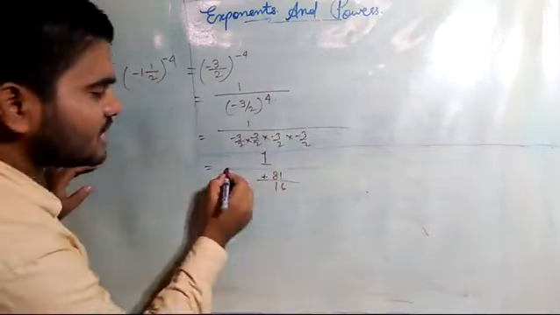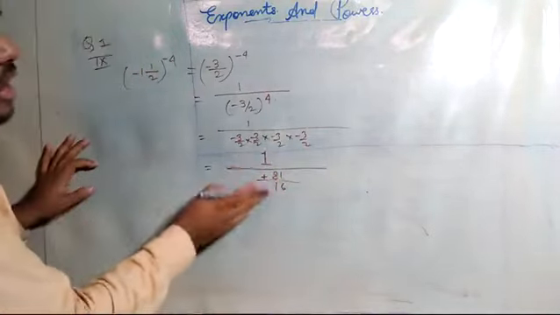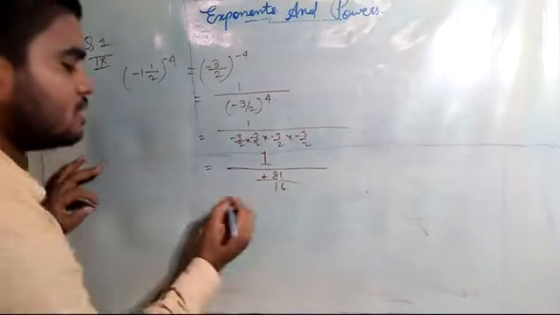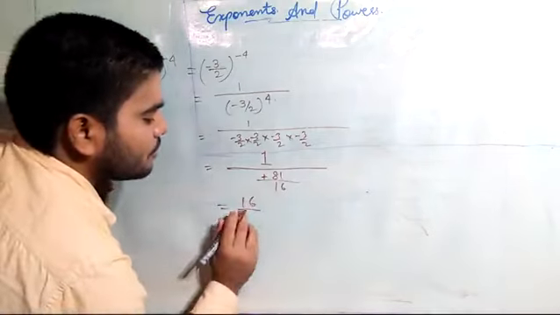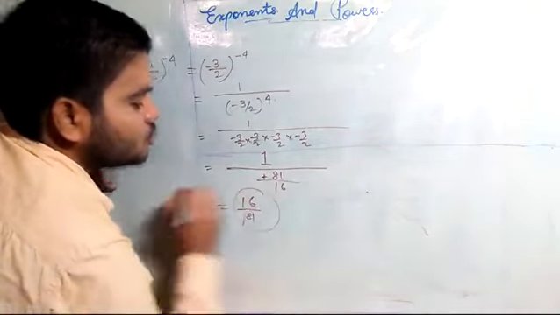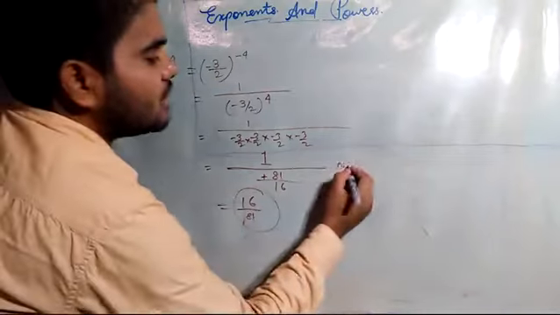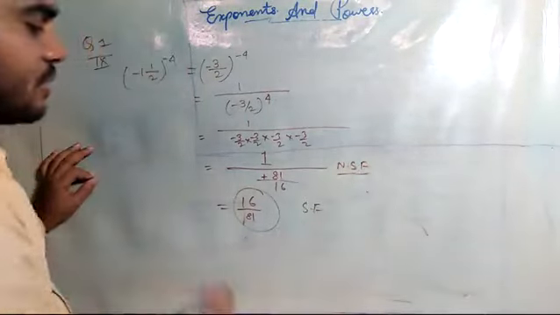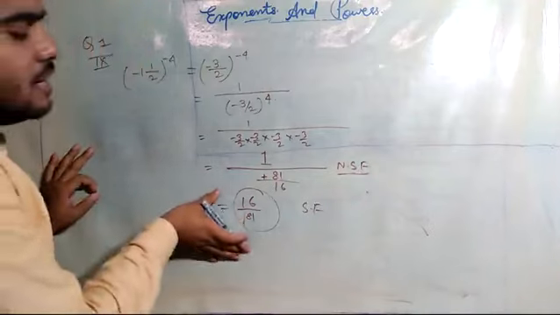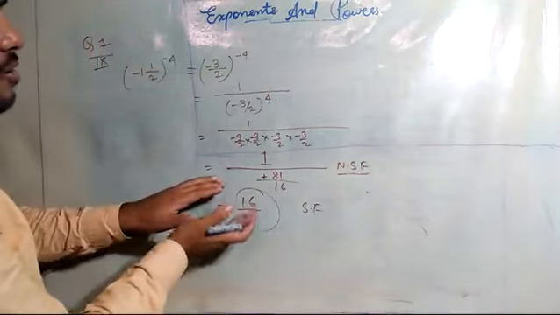Now if you see, is it in the standard form? It is written like 1 upon 81 upon 16, which can be easily written as 16 by 81. Is it, my dear student? This is not in standard form, and this is in standard form. This is the way we write. Usually we write the numbers in the denominator and numerator in this way.